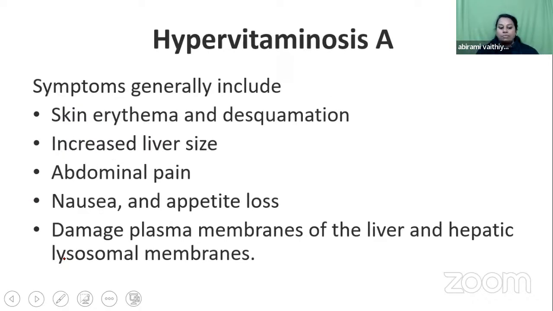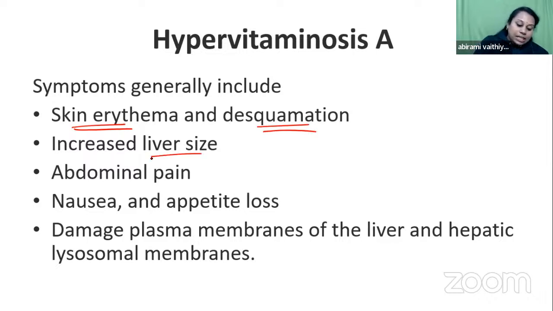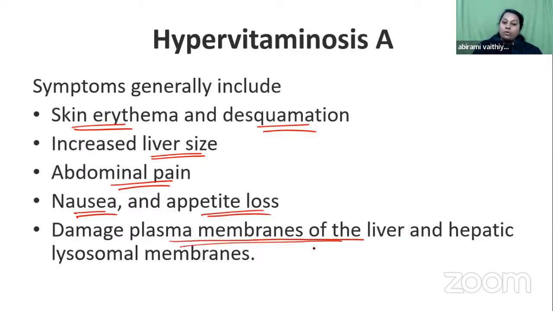Hypervitaminosis of vitamin A. What are the symptoms? You can have skin erythema, desquamation of the skin, increased liver size, hepatomegaly. That can cause abdominal pains, nausea, loss of appetite, and damages the plasma membrane of the liver. It also damages the hepatic lysosomal membranes.